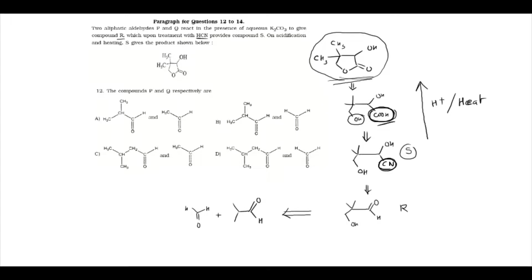So this OH group must be a carbonyl group or carbonyl oxygen in compound R. So this cyanide which has been added to R is a nucleophile which attacks this electrophilic center to give you this compound S.